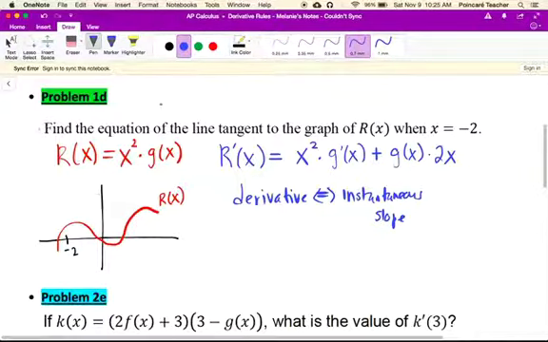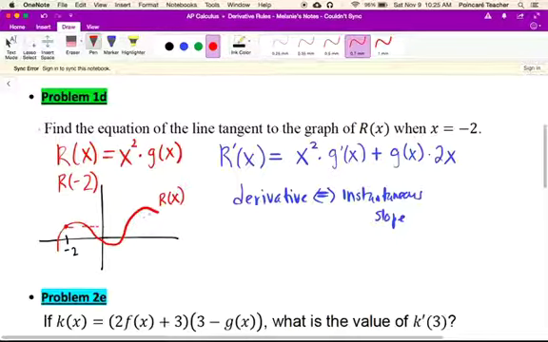So visually, if I was trying to figure out r of -2, graphically that means that when I plug in -2, I get this y value, which corresponds to this y value here.